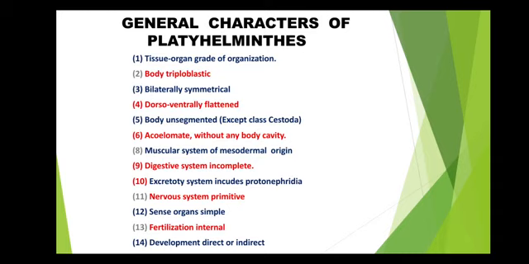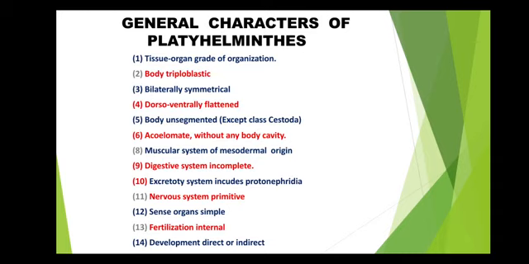Point number 2, level of organization, tissue-organ grade of organization, that is, body cells aggregate into definite tissues and tissues make up organs. Point number 3, germ layers. The body is divided into 3 germ layers: ectoderm, mesoderm, and endoderm. So the body is triploblastic in nature.